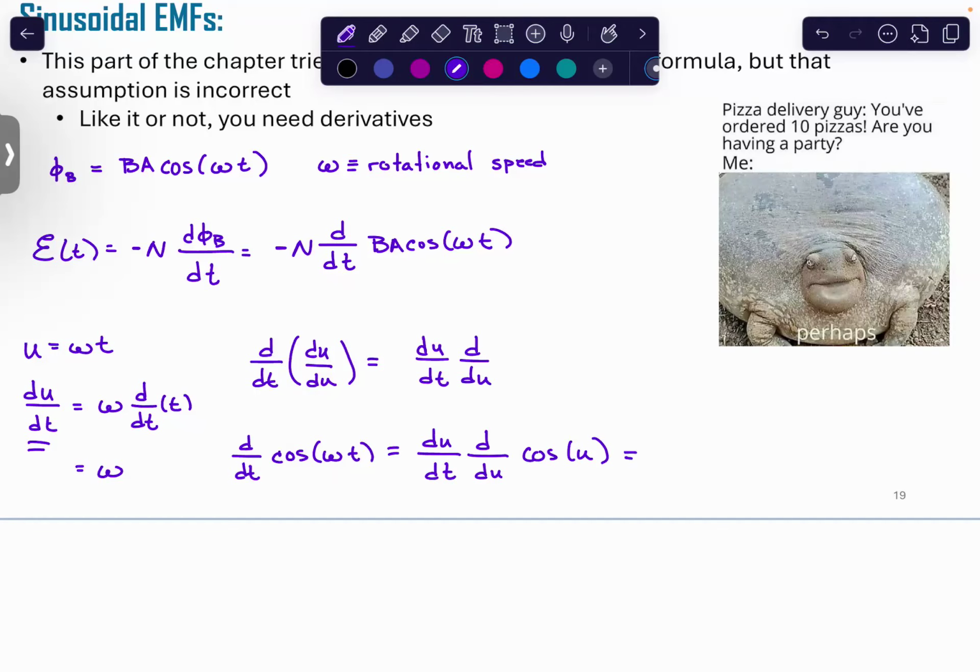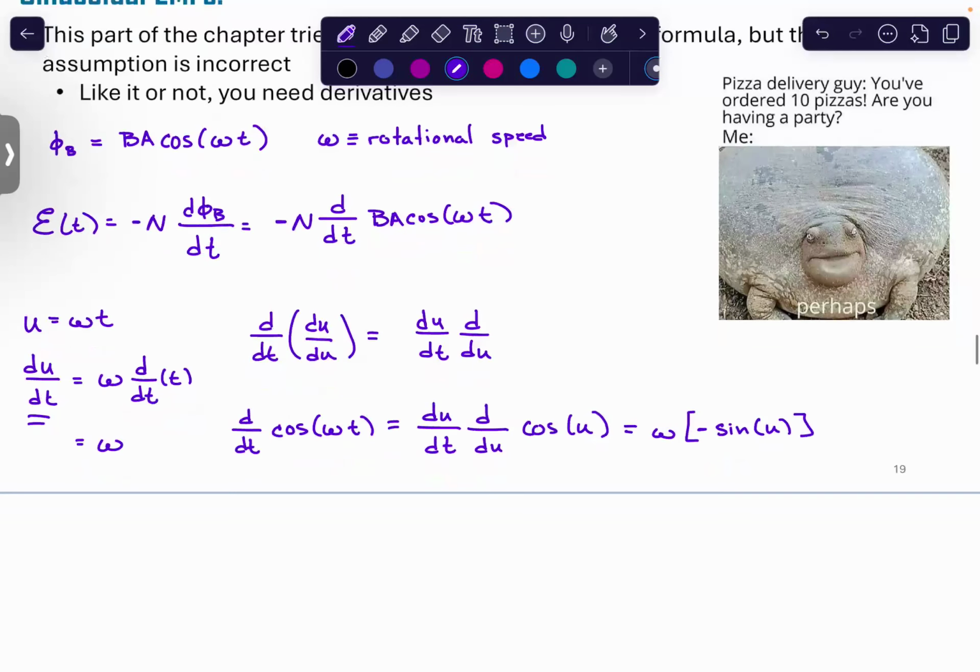So we have the du dt, which is omega, negative sine of u. And then we can just plug back in what u is, and we get a negative omega sine omega t. And so every time we take a derivative, we're going to get another factor of omega out front.